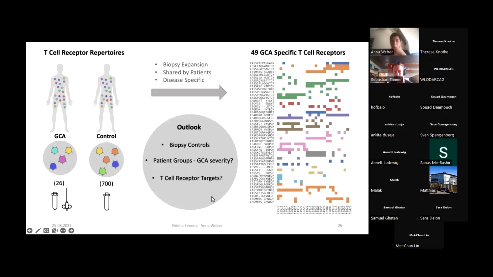Cool, thanks. I think there's also a question in the chat. How can TCRs exclusively and specifically be targeted for sequencing? It's a good question. I think they are marking surface receptors with antibodies.